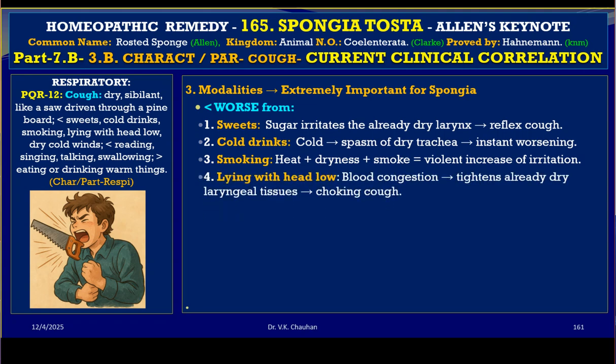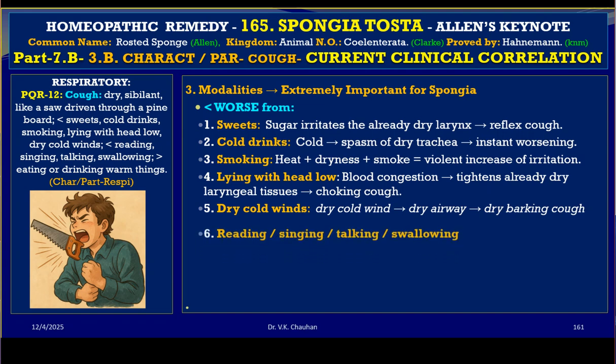Lying with head low, then what happens? The blood pools around, congestion takes place, tightens the already dry laryngeal tissue, and choking occurs because the thyroid is already enlarged there. Dry cold wind is also very instrumental in increasing the cough. It irritates the dry airways, causing a dry barking cough.